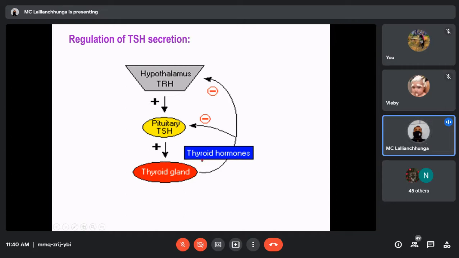That means thyroid hormone concentration will also go down. But when the level is too low, reaching the lower limit, this negative feedback mechanism will be removed, so that TRH will start its secretion affecting TSH, and then TSH will influence the thyroid gland again to produce thyroid hormones.